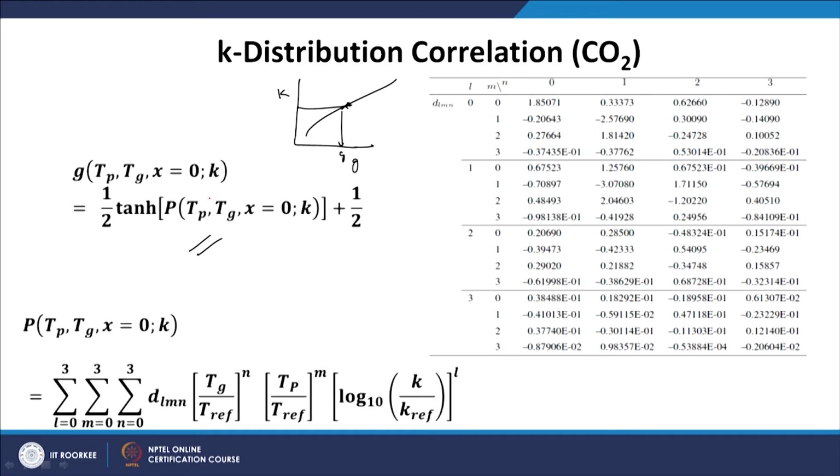Now, the Planck function is basically fitted on two parameters, Tg and Tp. Tp is basically the temperature at which the Planck function is evaluated. So, there are two unknown temperatures in this correlation, Tg and Tp. Tg is the actual temperature of the gas, while Tp is the temperature at which the black body intensity is calculated.